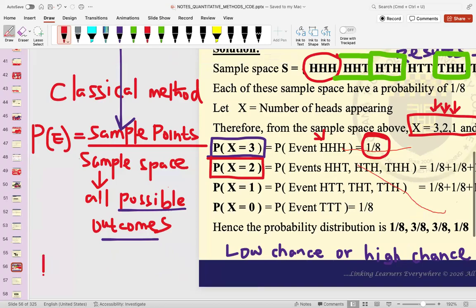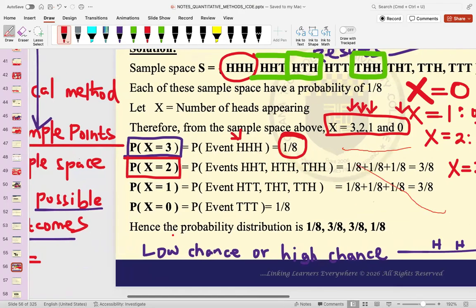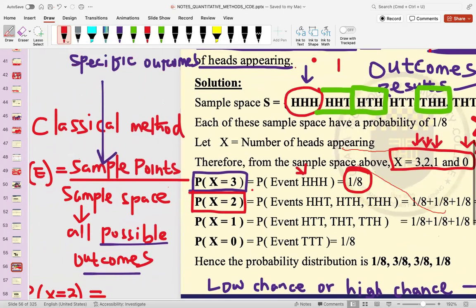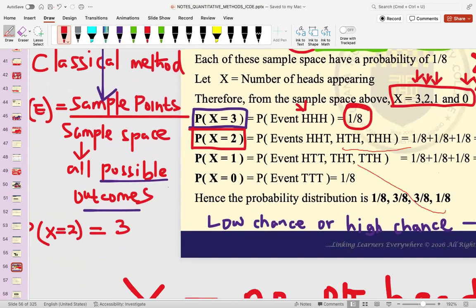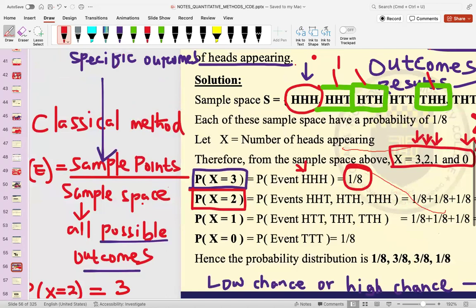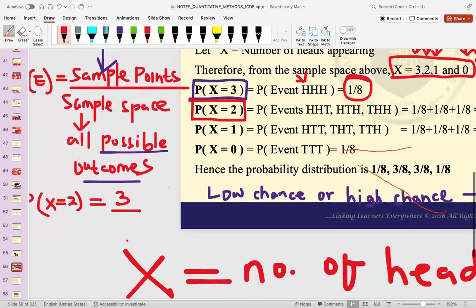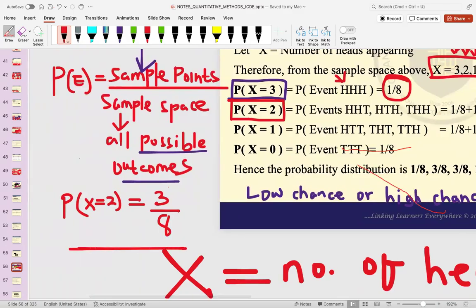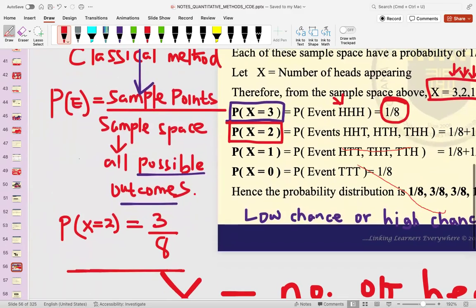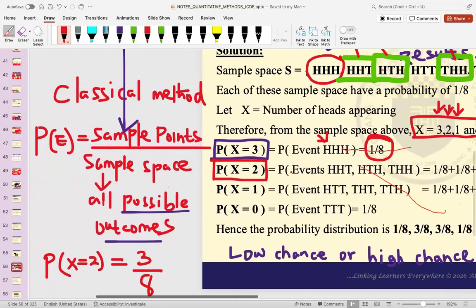The probability of X showing two heads has specific sample outcomes 1, 2, 3, so that is 3 divided by sample space, which is 8. So our answer is 3 divided by 8. That is for two heads.